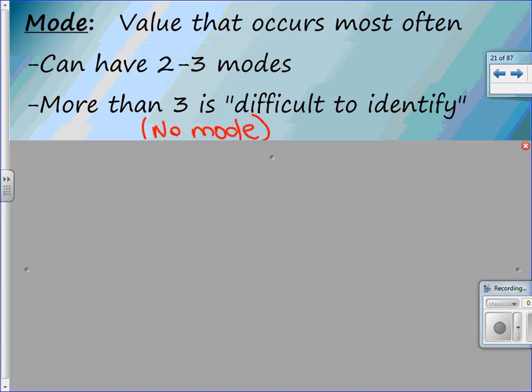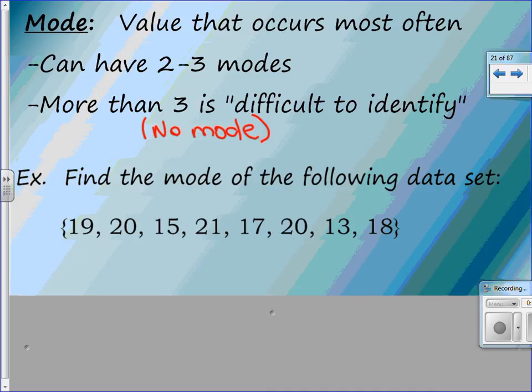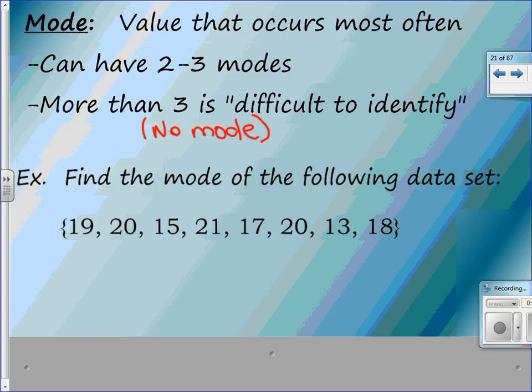So let's say you had data where, for example, we already found the mode of this data was 20, but let's say I had another 17 and another 18, okay?